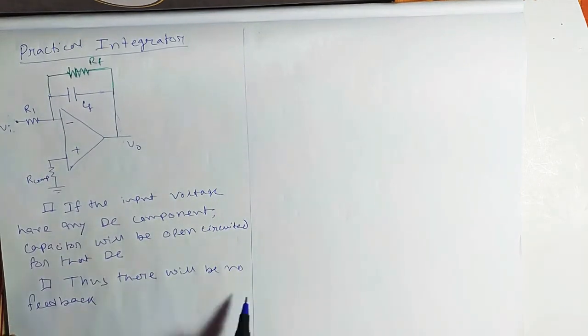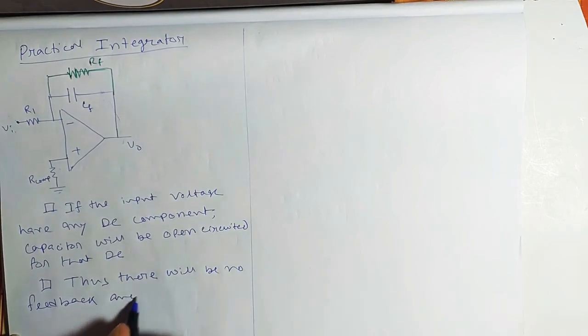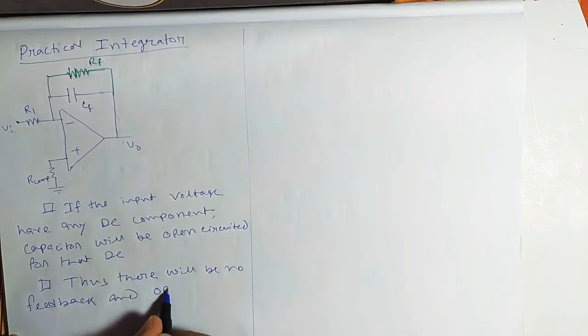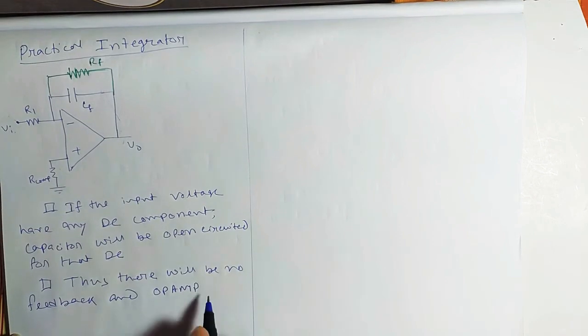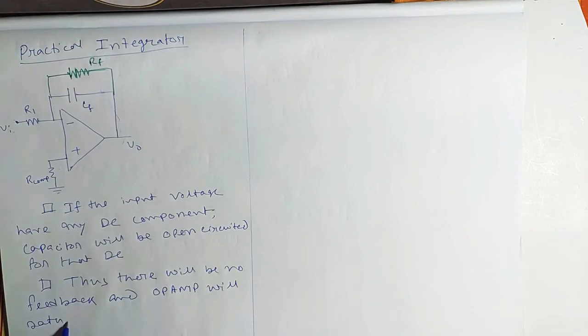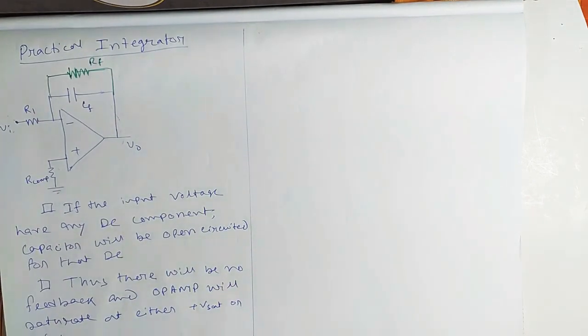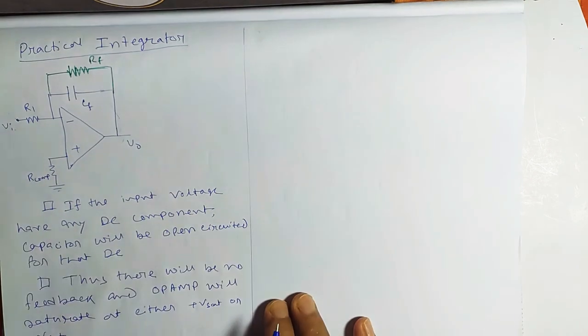Thus there will be no feedback, and the op-amp will saturate at either plus Vsat or minus Vsat. Plus Vsat and minus Vsat are the op-amp saturation voltages.